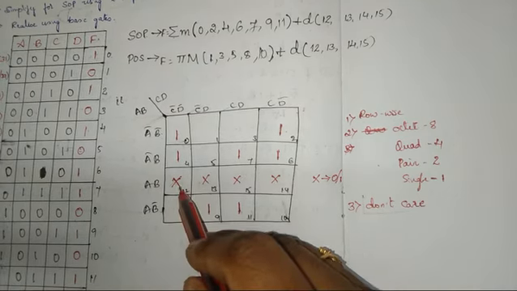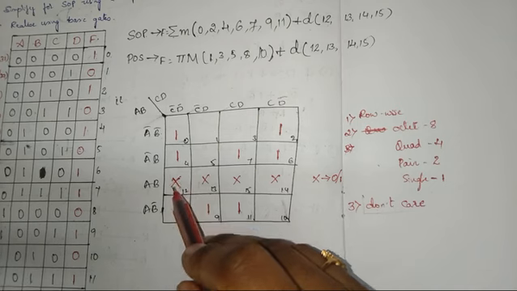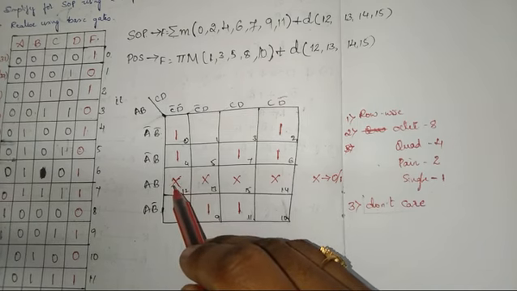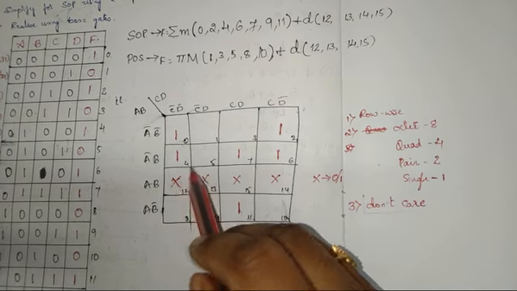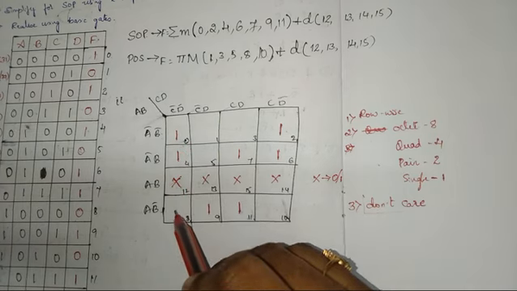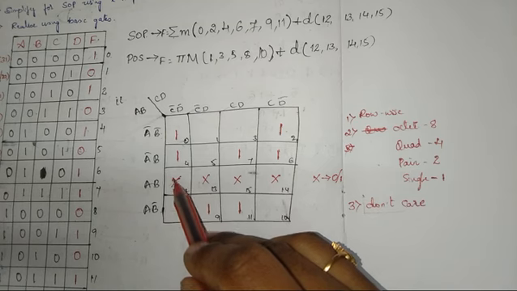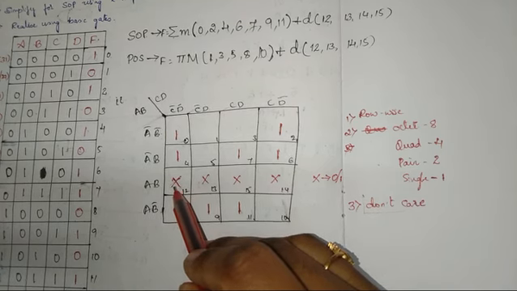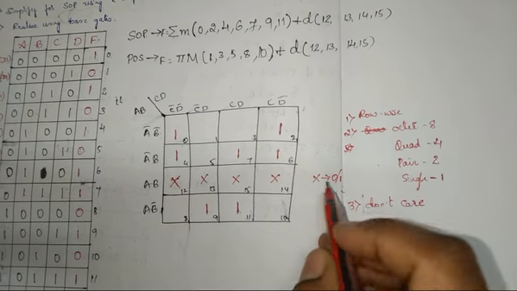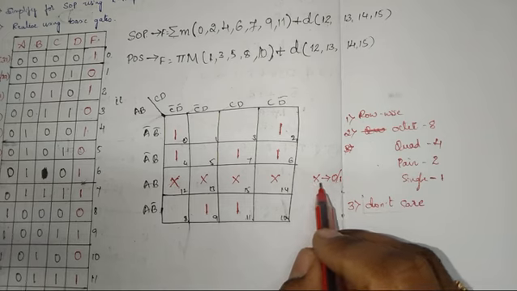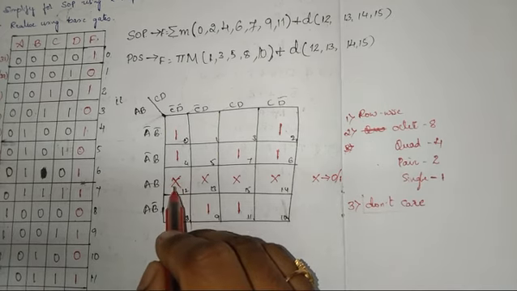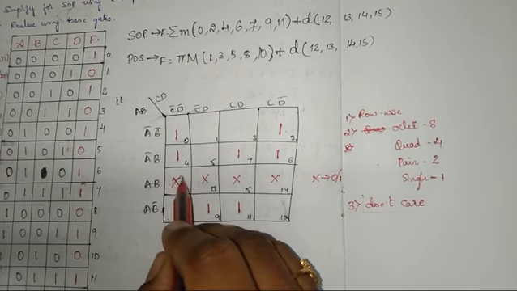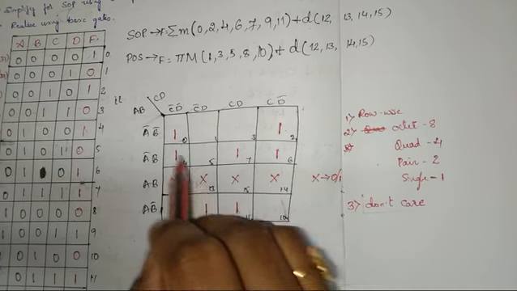In this problem also, don't care meaning whenever we need to make a maximum number of ones as a group, if possible we will use it. If not, we will not use it. So this X or don't care can be considered as 0 or 1.